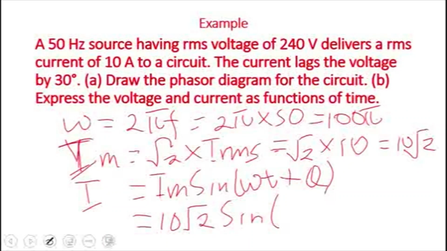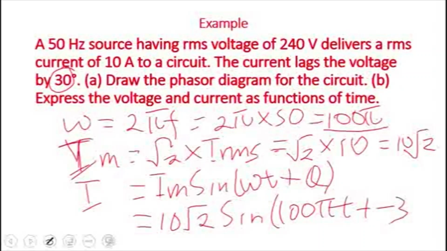Omega we have found to be 100 pi, so just place in the 100 pi t, and then plus, in this case we are saying the current lags the voltage by 30 degrees. So if it is lagging, then that means it is negative. If you are coming from the voltage to the current, you have to go in the negative direction. So this plus should just become plus minus 30, and plus minus can just be written as a minus. So this is it.